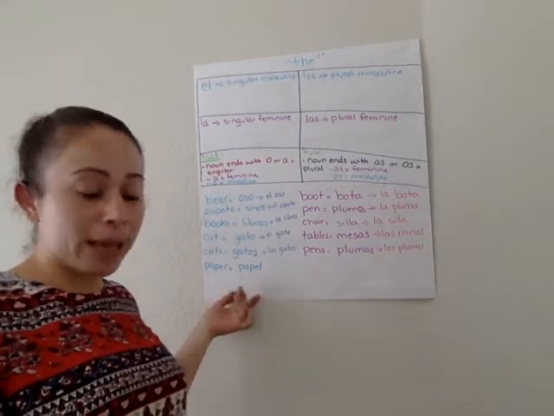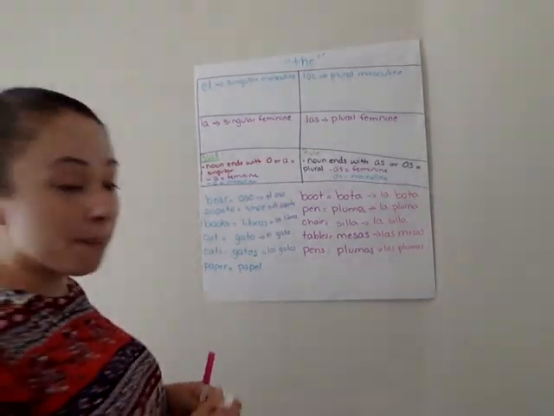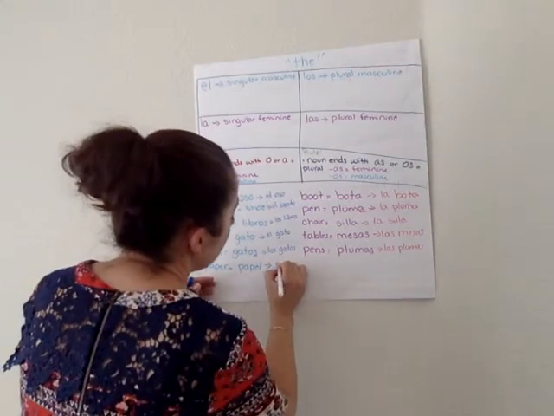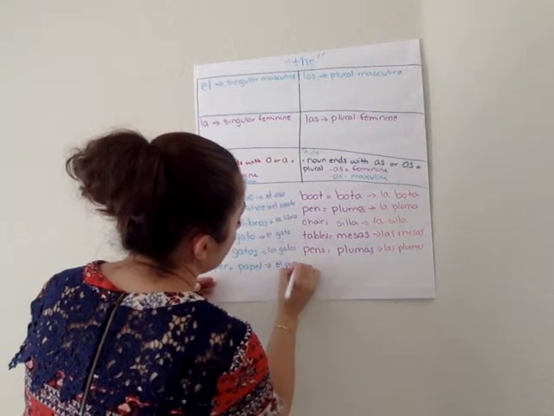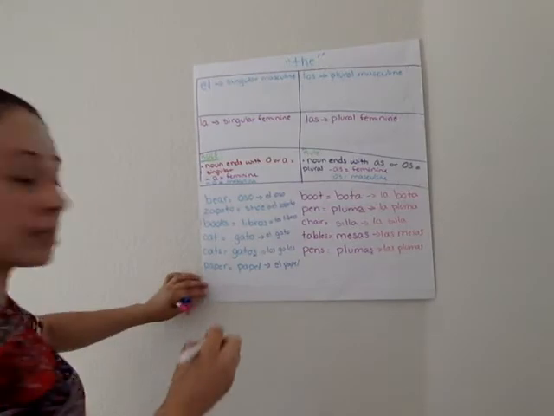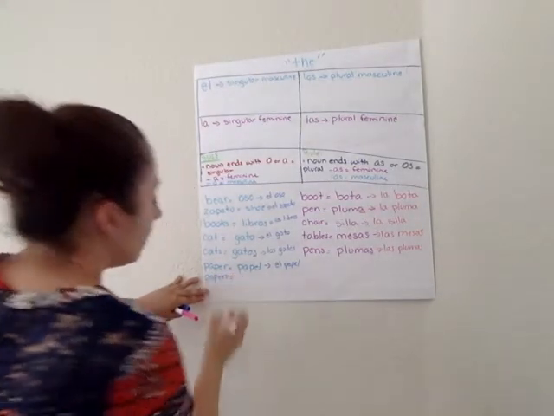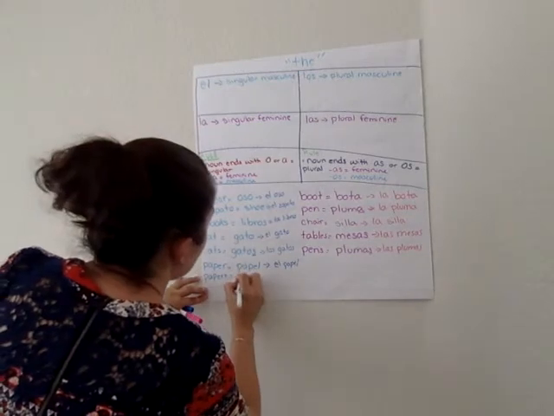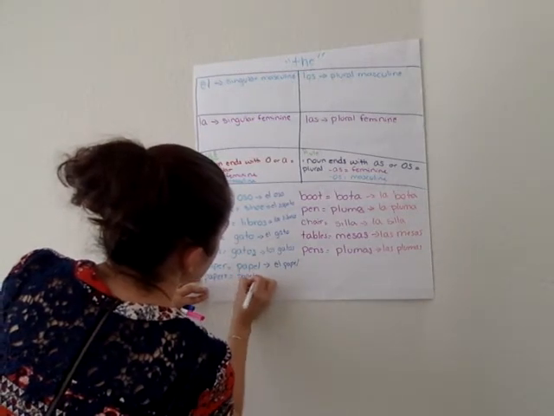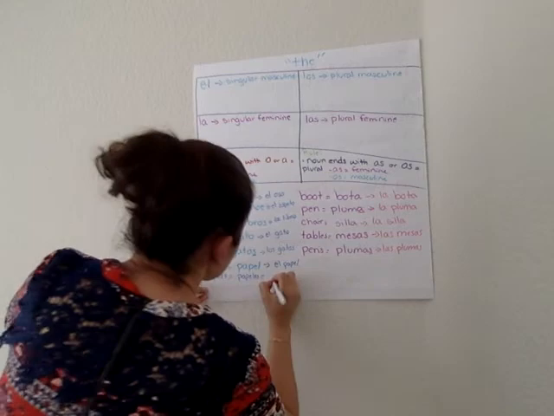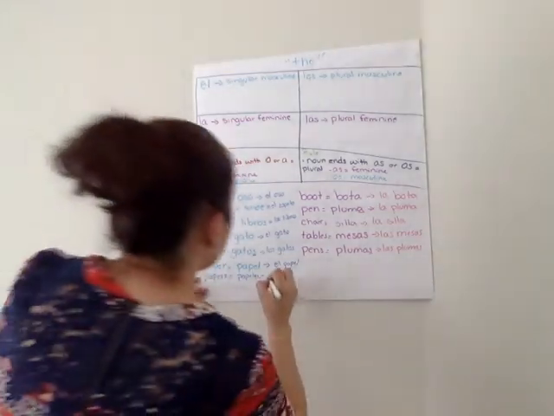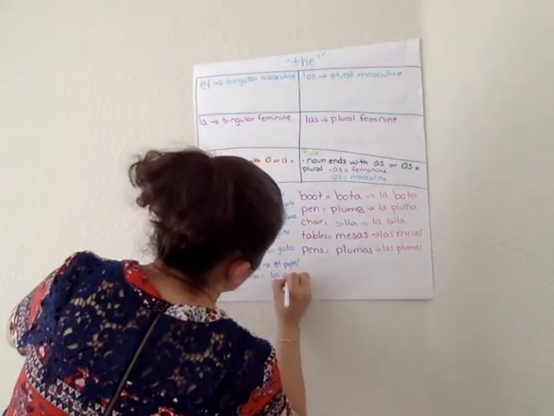Okay, so papel will be el papel. El papel. What if it says papers? If it said papers, more than one paper, then it would be papeles. So it's masculine, plural form, los papeles.